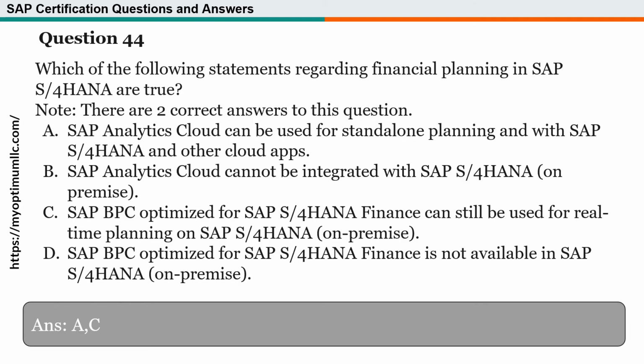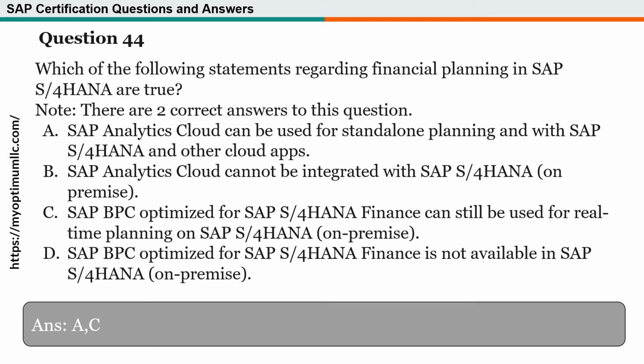Question 44. Which of the following statements regarding financial planning in SAP S/4HANA are true? Note, there are two correct answers to this question. A. SAP Analytics Cloud can be used for standalone planning and with SAP S/4HANA and other cloud apps. B. SAP Analytics Cloud cannot be integrated with SAP S/4HANA on-premise.